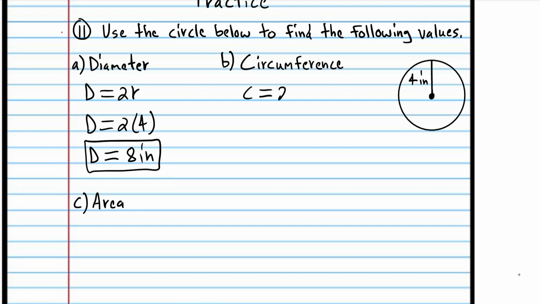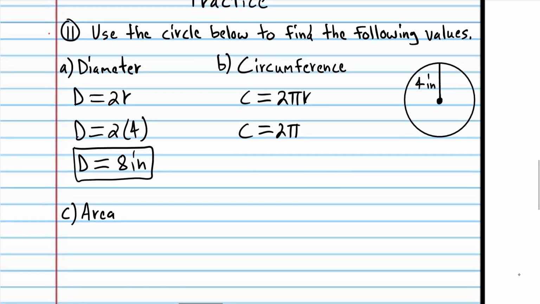So circumference is equal to 2 pi times the radius. And pi is just a constant. When you put this symbol next to a number, it means you're multiplying 2 by pi. And pi is approximately 3.14. But it's a non-terminating, non-repeating decimal, so it just goes on and on.